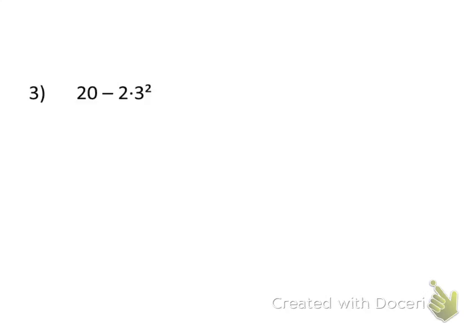I don't see any parentheses, so what comes next? Exponents. So I didn't touch the 20, I didn't touch the minus, I didn't touch the 2, I'm keeping the multiplication symbol. But instead of 3 squared, what do I want to write? 9, very good.